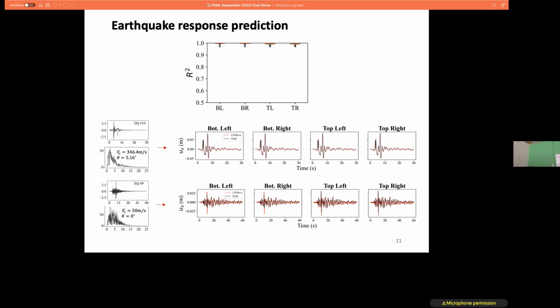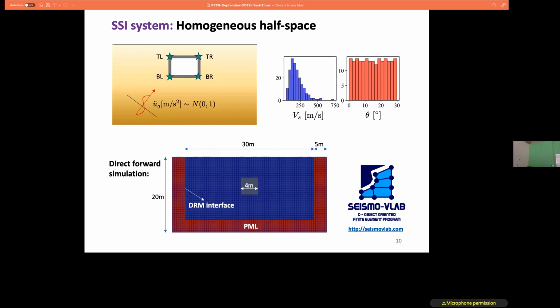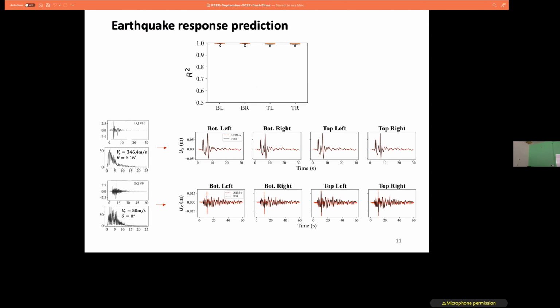And we also studied an extreme case where we have the VS to be 50 meters per second and the angle is 0. So it is more or less at the extreme points that we can have for this distribution. And even for that case, we have a good prediction in the response, capturing the response under the airspeed.